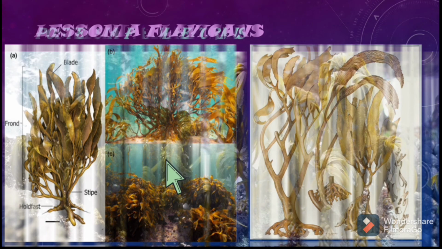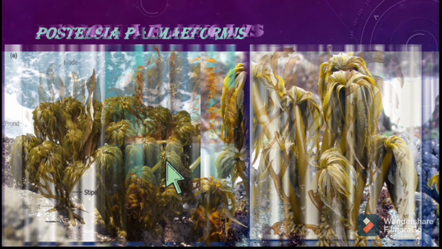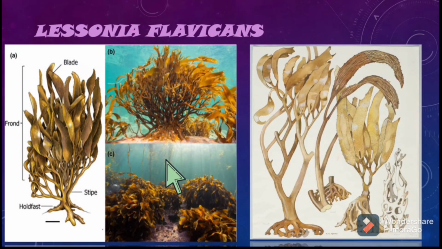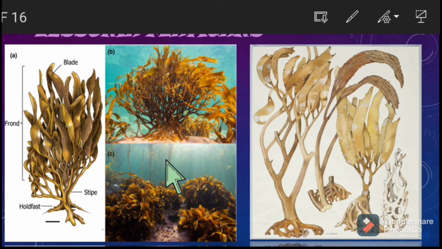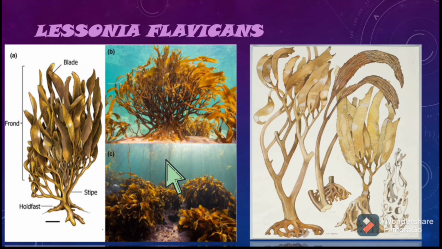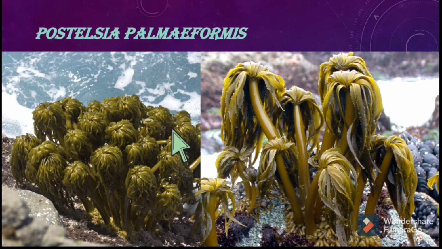The length of this Lessonia flavicans usually reaches up to 4 meters in height. Next we have the sea palm, known as Postelsia palmiformis. It resembles the appearance of palm trees.